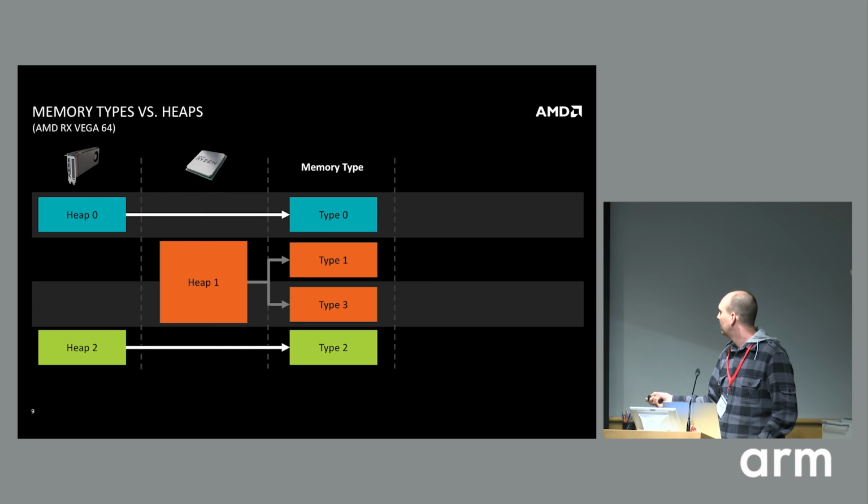And they match onto the corresponding memory types. So heap 0 exactly matches to type 0. Heap 1 has 2 types, which you can use to allocate within that heap. And heap 2 also has just a single type down the bottom here.